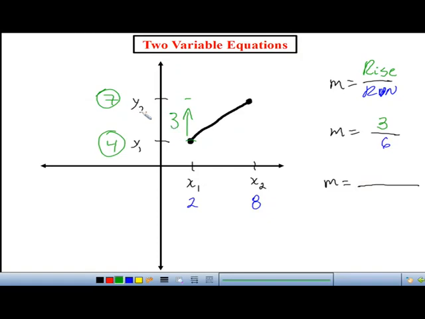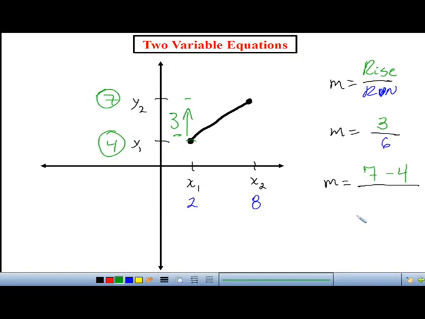Looking at these 2 numbers, 7 and 4, what do I need to do to get this 3? Do you need to subtract? Okay, tell me what to write. 7 minus 4. Hands if you agree. Yes, everybody agrees. Thank you, Brianna.